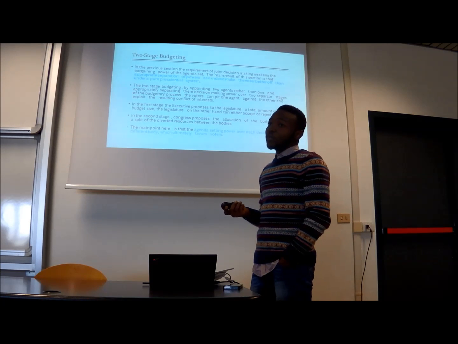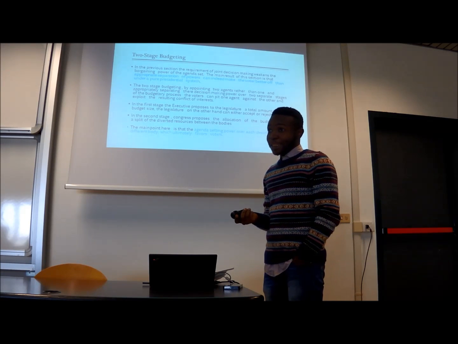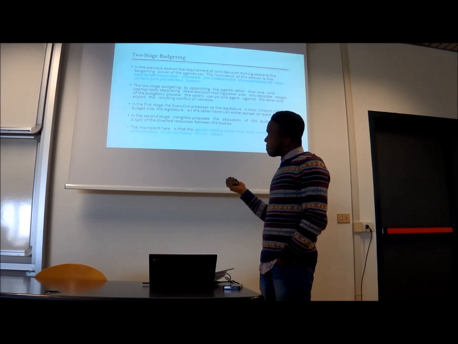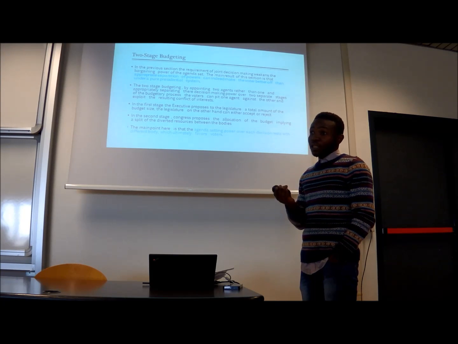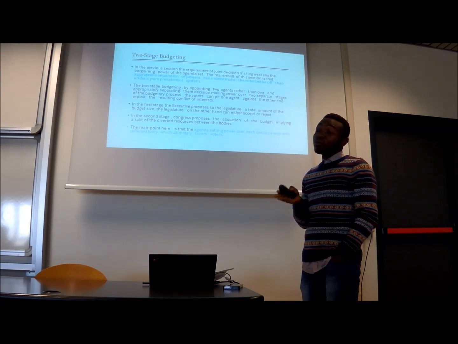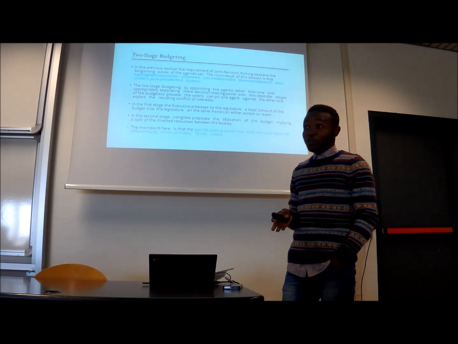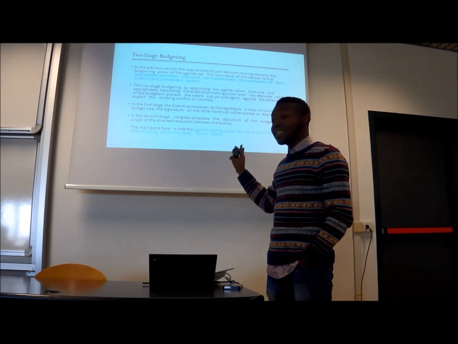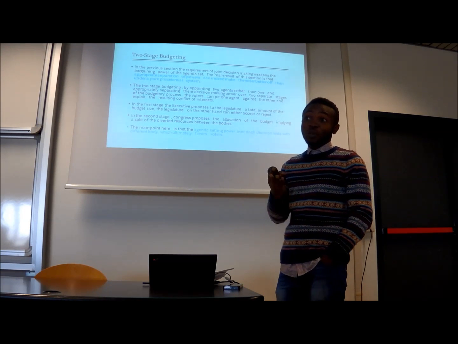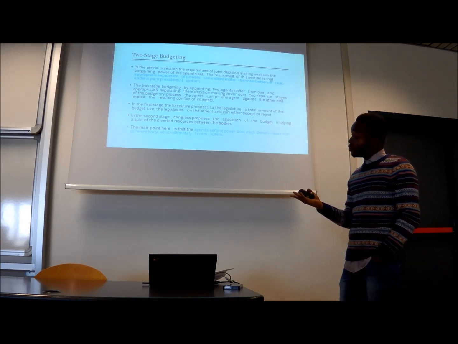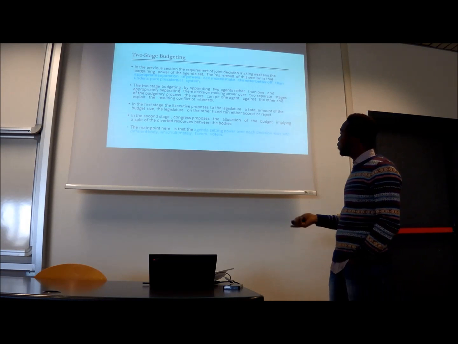Say for instance the budget is proposed and then it's rejected. There's usually a constitutional provision for the minimum amount that the government can actually spend. The importance of this is that the voters do not suffer. Either way, there are some important projects that still need to be carried out in the society and the economy, as the case may be.